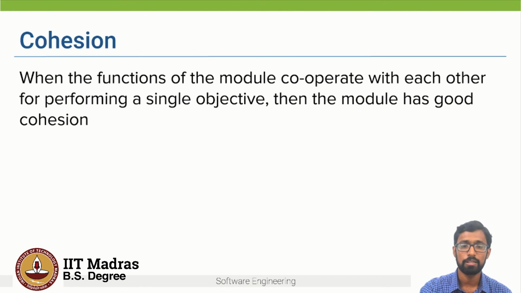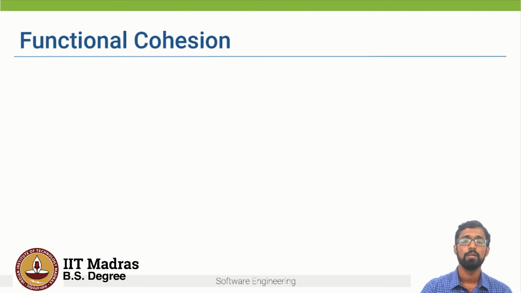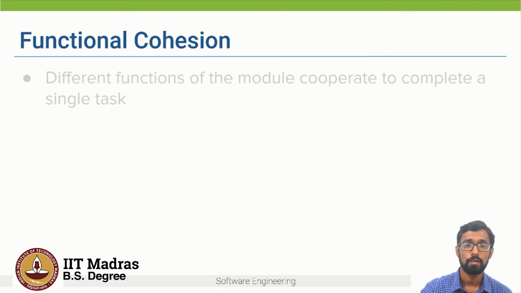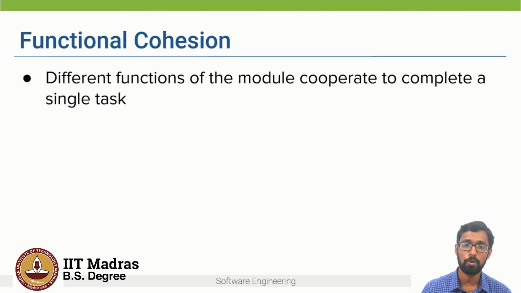So let's look at the different types of cohesion. The best type of cohesion is functional cohesion, where different functions of the module cooperate to complete a single specific task.